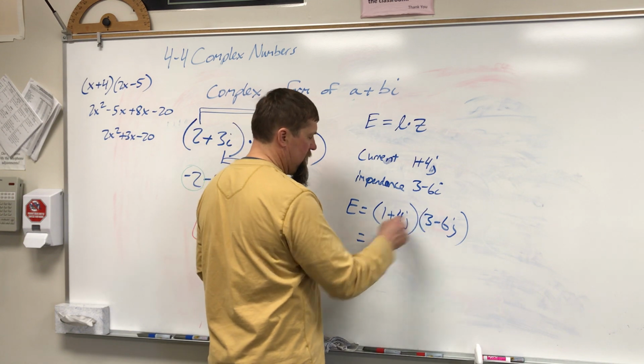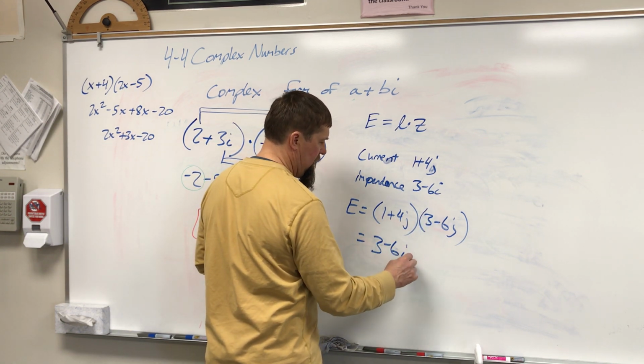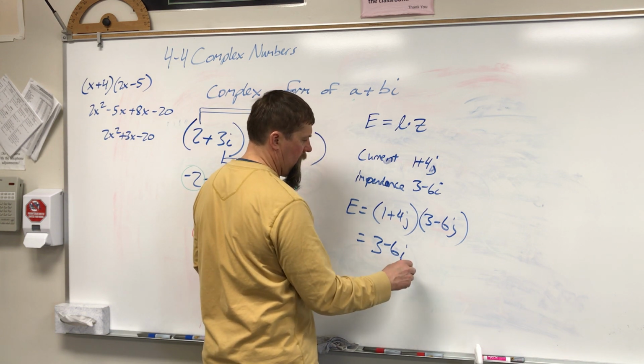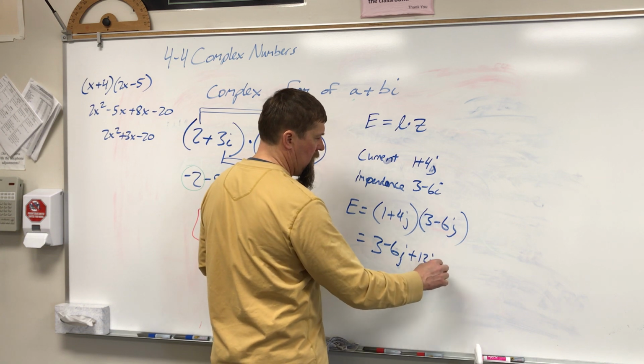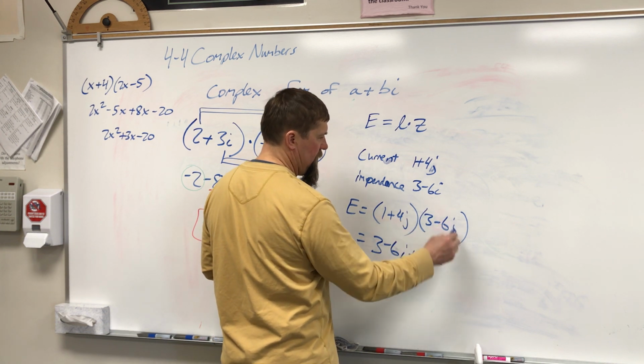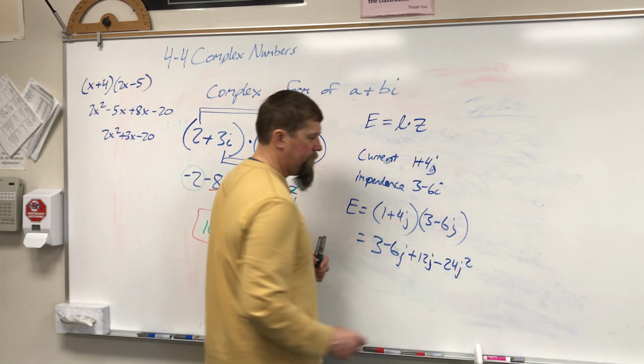So we get 1 times 3 is 3, 1 times -6j, 4j times 3 is plus 12j, minus 4j times 6j is -24j squared.